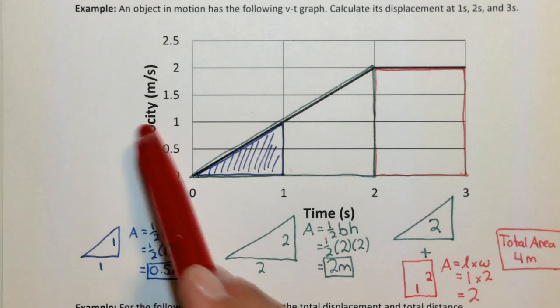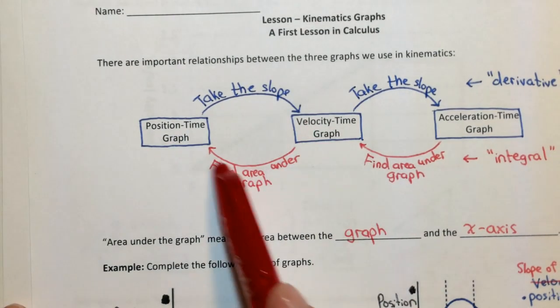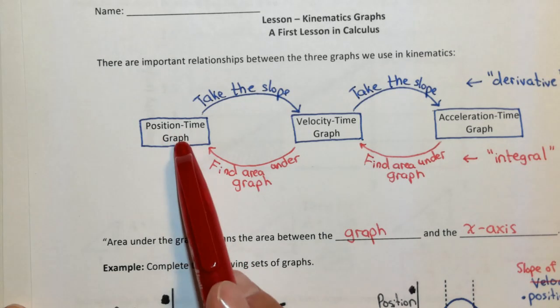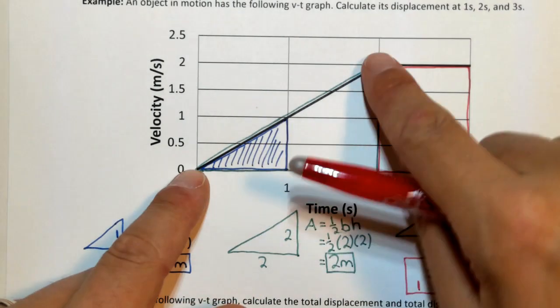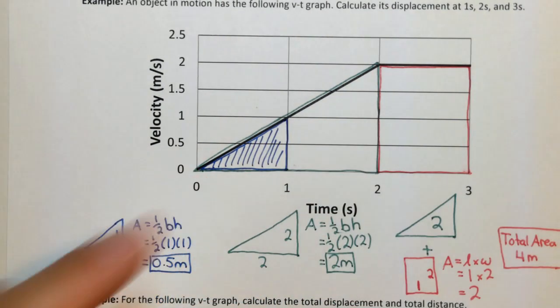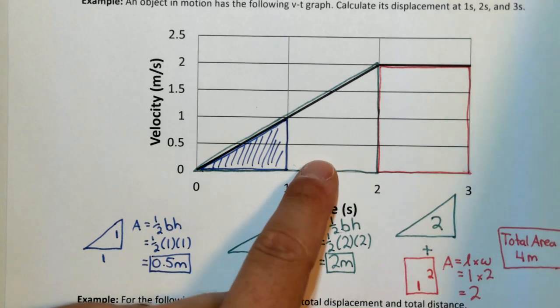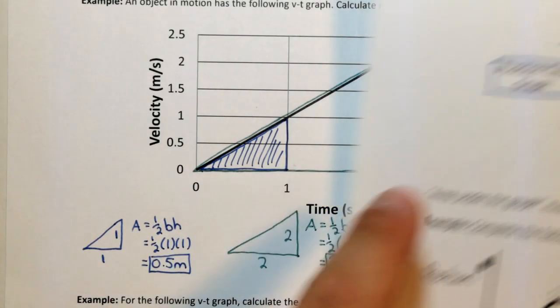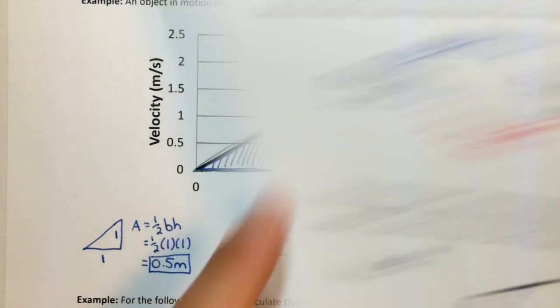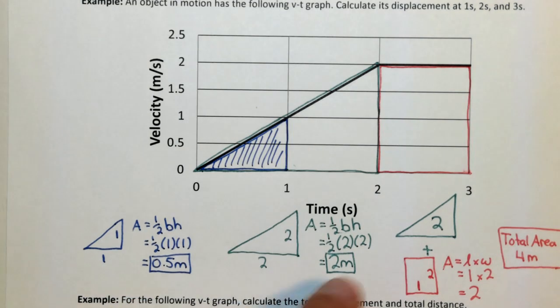Because we're on a velocity time graph, when we take the area, it represents position. So the end goal here is not to find the area of this little chunk of paper. I do find that, but because that represents the change in position, my units are the units of position.